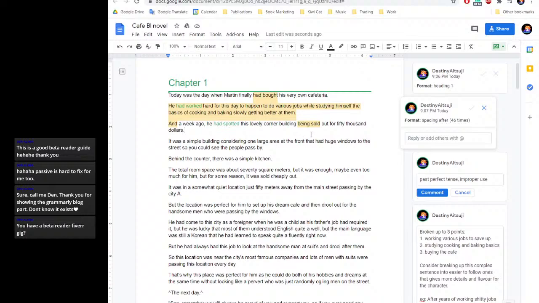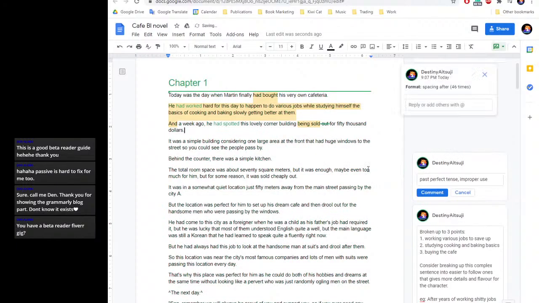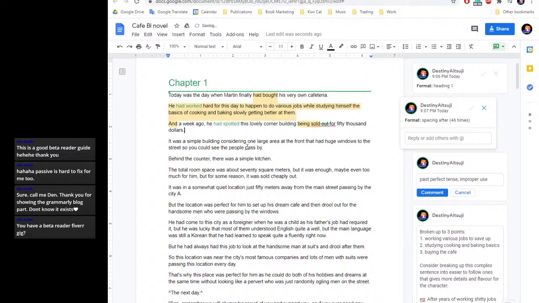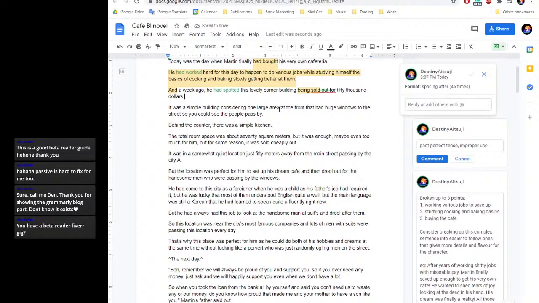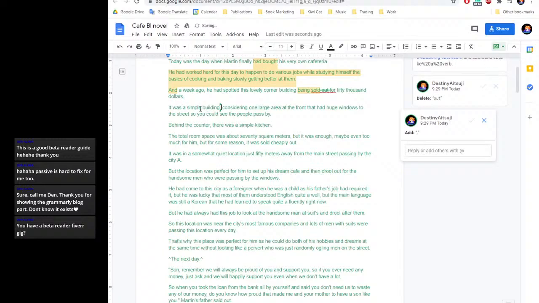So yeah, it's okay. Being sold out for, being sold out, it's not sold. Sold for $50,000. Okay, it was a simple building considering one large area at the front that had huge windows. Okay, over here, this is where you exercise double corners.